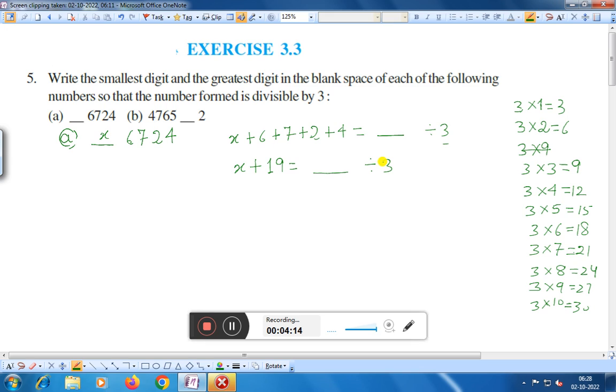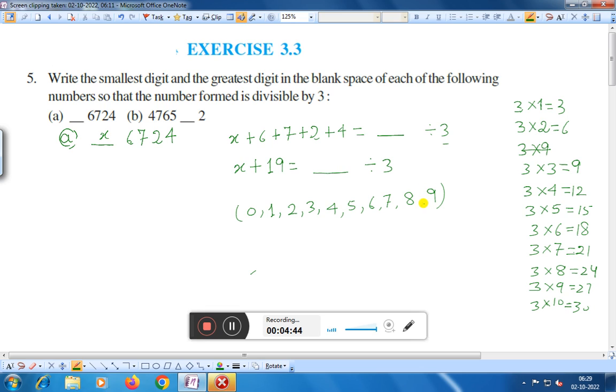We have to put the smallest digit and greatest digit. The possible digits are 0, 1, 2, 3, 4, 5, 6, 7, 8 and 9, right?